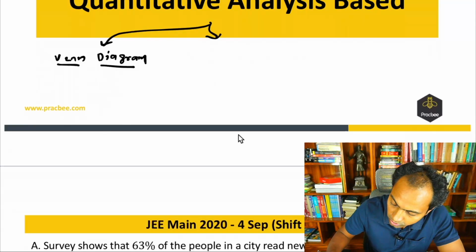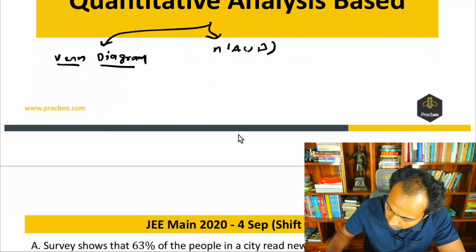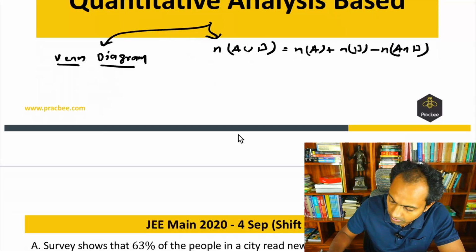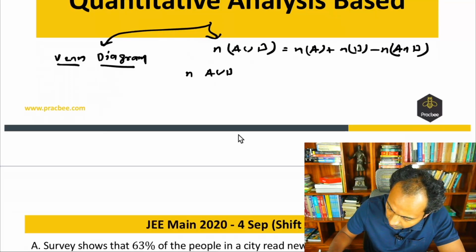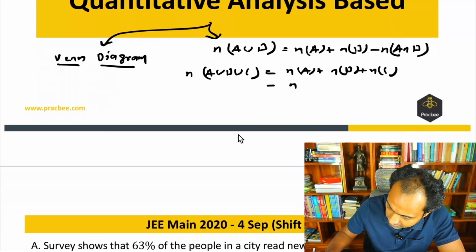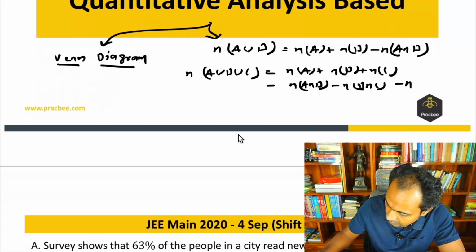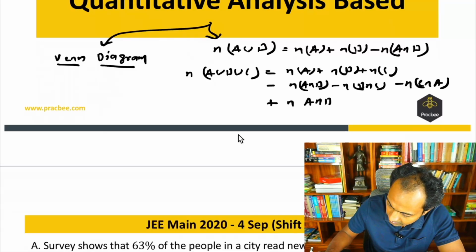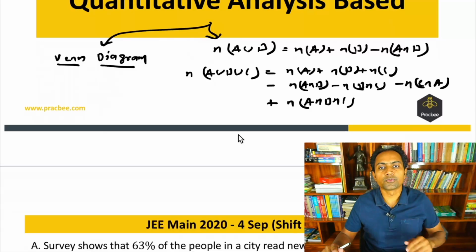Now, you can also apply the technique of the number of elements in A union B, this formula, that is nothing but n of A plus n of B minus n of A intersection B. Or we could apply this formula for 3 terms. n of A union B union C is nothing but n of A plus n of B plus n of C minus n of A intersection B, we will take 2 at a time, B intersection C, C intersection A. In the third one, the sign will change to positive and we will have plus n of A intersection B intersection C. So these 2 techniques would be used to solve the problems.